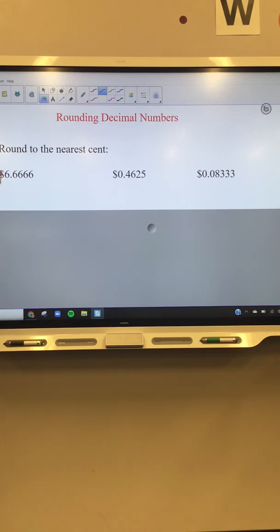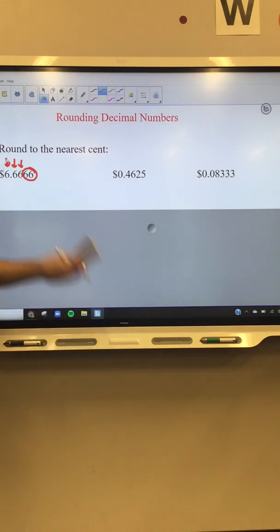So let's say I go to the gas station and my gas bill is 6.6666. I've got dollars, dimes, pennies, but we don't have these types of small measurements with coins, do we? So we have to round to the nearest penny.